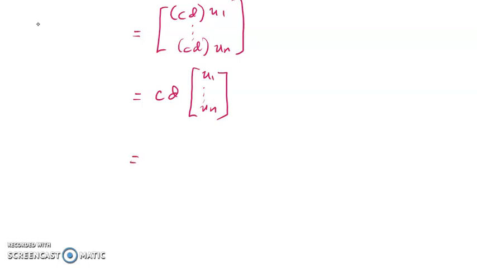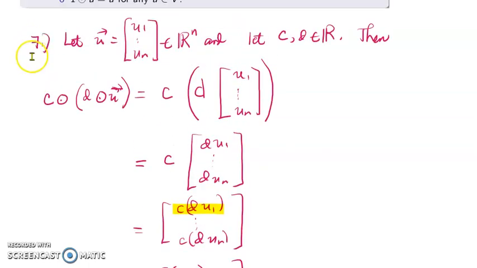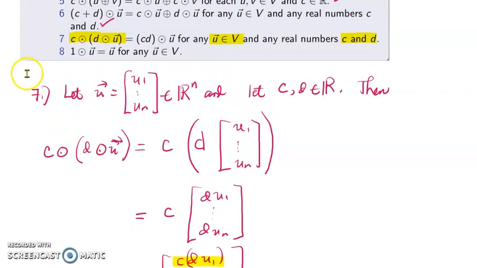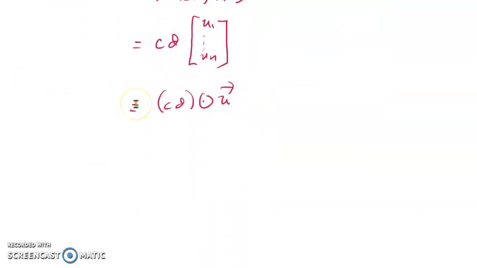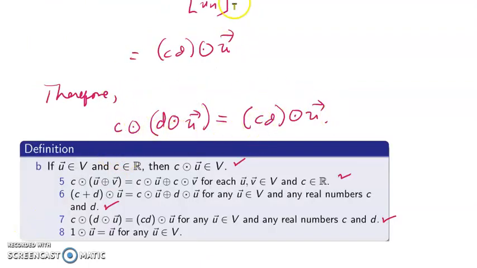Convert this one to vector operations. This one is just CD times the vector, and I think that is what we want to happen here. This one here. CD times the vector U. Okay, so therefore, you have this equation.